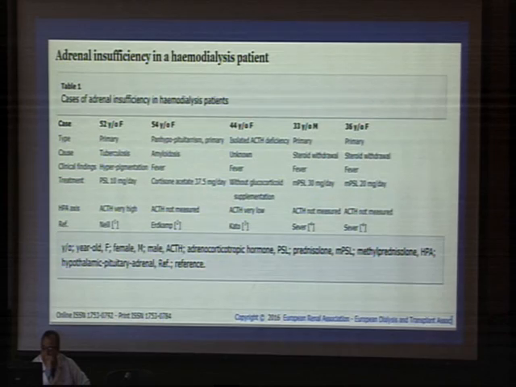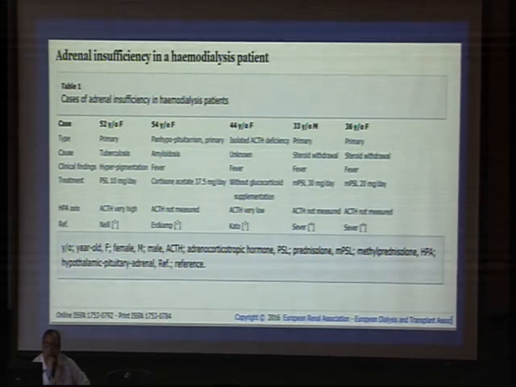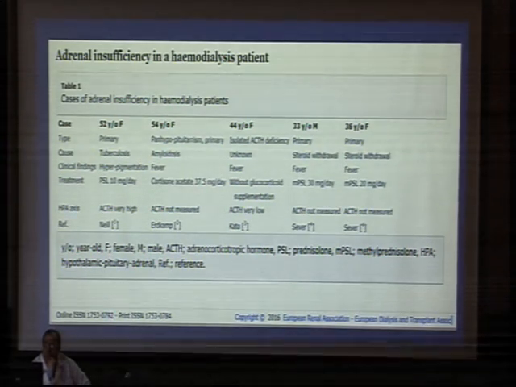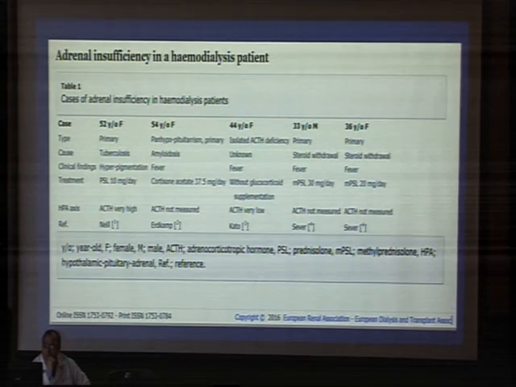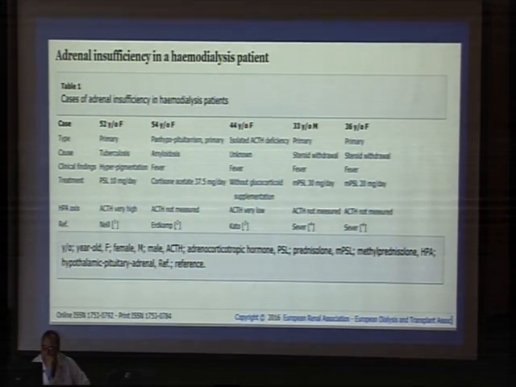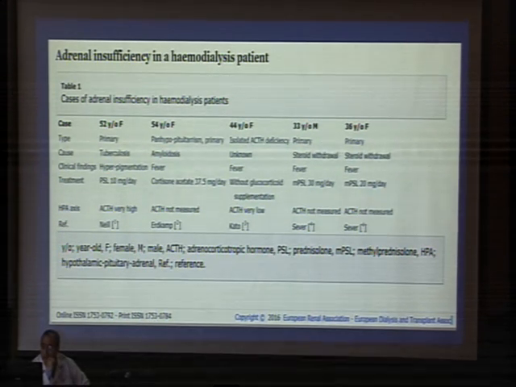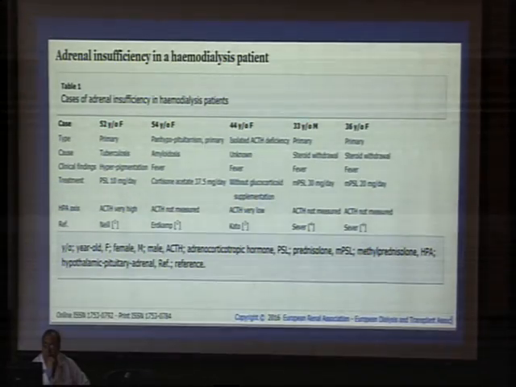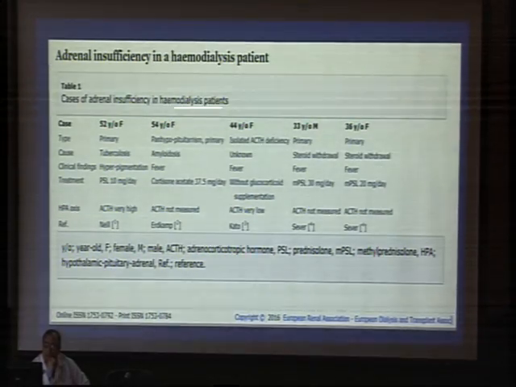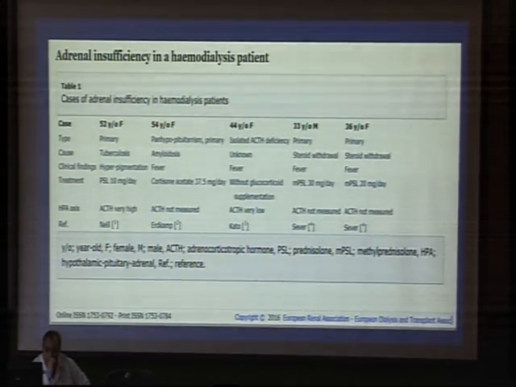Here we have 5 cases. The first case is a 52-year-old female who presented only with hyperpigmentation and fatigue. After investigation, they found ACTH very high due to loss of cortisol. This is primary adrenal failure. After searching for the etiology, they found it was TB and treated with prednisolone 10 milligram per day. This is the first case.